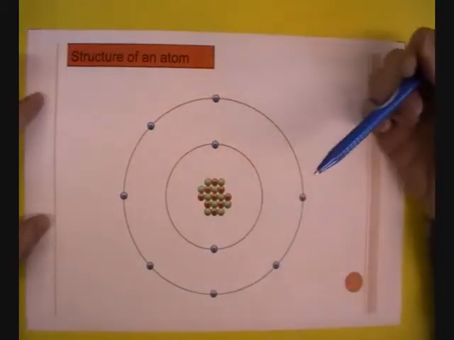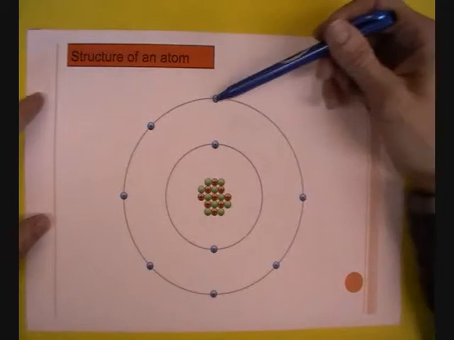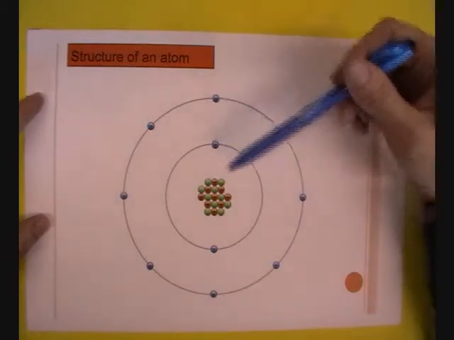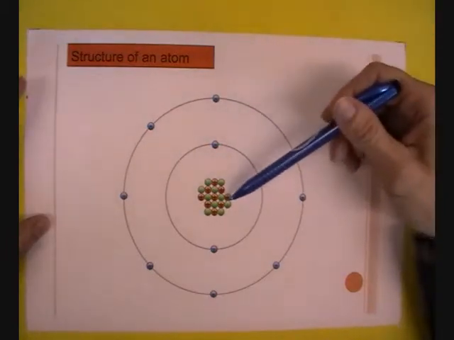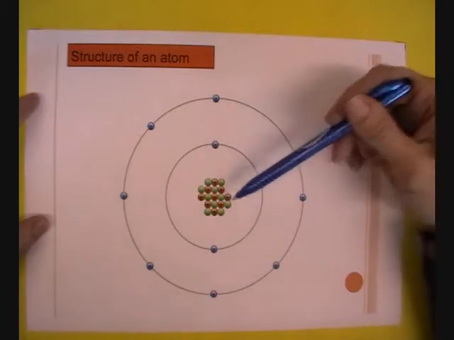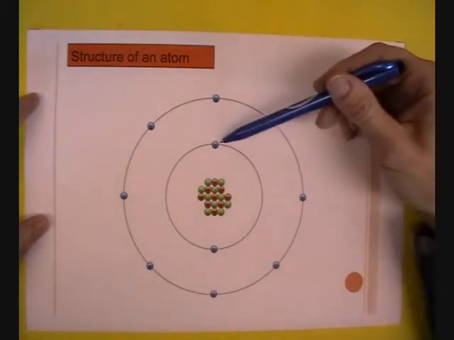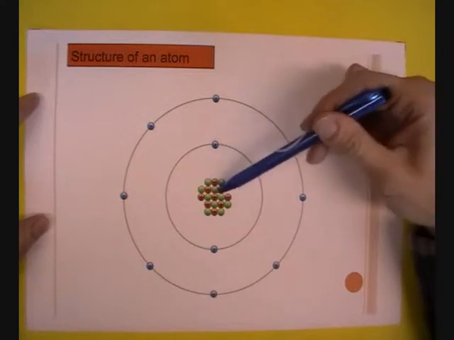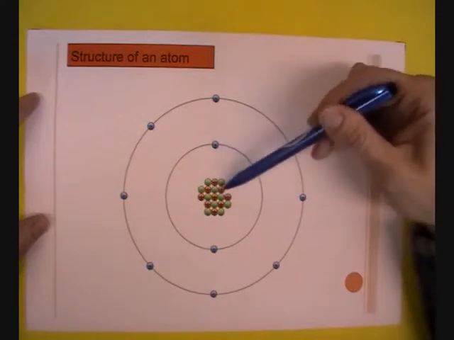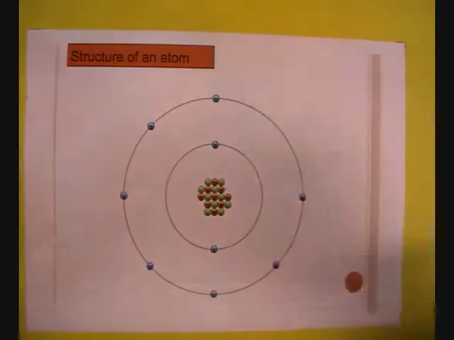In a neutral atom, the number of electrons is equal to the number of protons. Protons have a positive charge, electrons have a negative charge, and they cancel each other out. The charges cancel each other out, and that means that the overall atom is neutral.